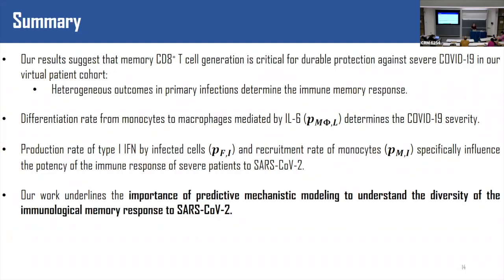And we also identified the parameter that determines COVID-19 severity, that is the differentiation rate from monocyte to macrophage. We also find two input parameters that are very important for severe patients to get a mild COVID-19 reinfection, which are the production rate of type 1 interferon by infected cells and the recruitment rate of monocytes.